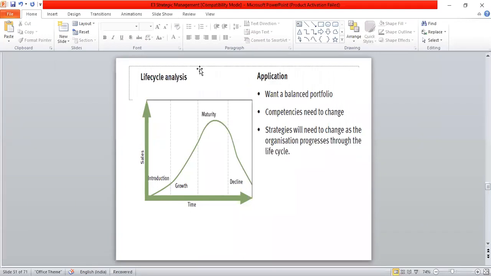Then it goes to the maturity level. When it goes to the maturity level, it settles down and the risk falls.